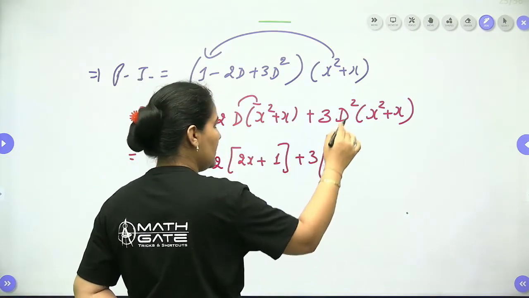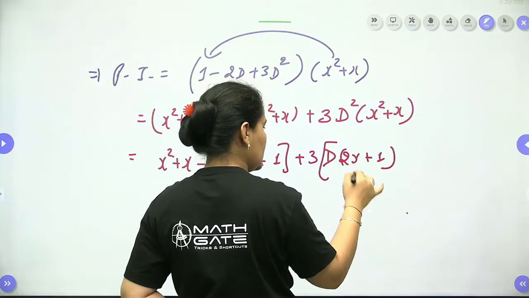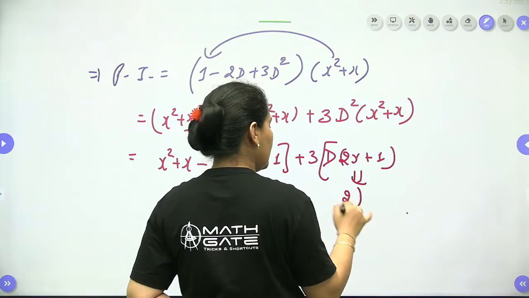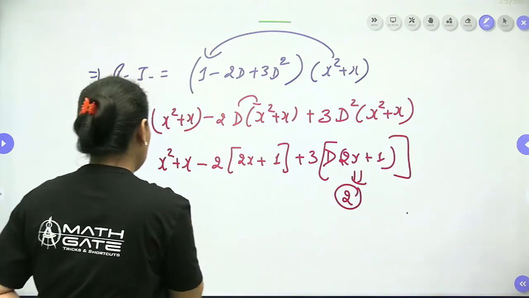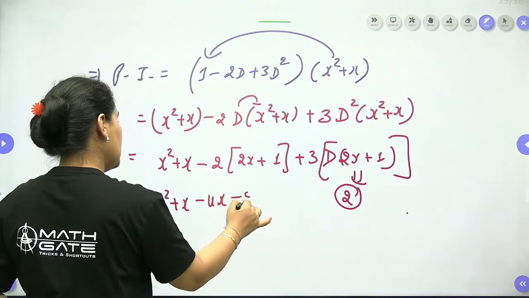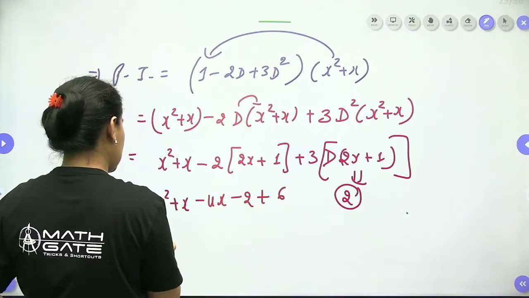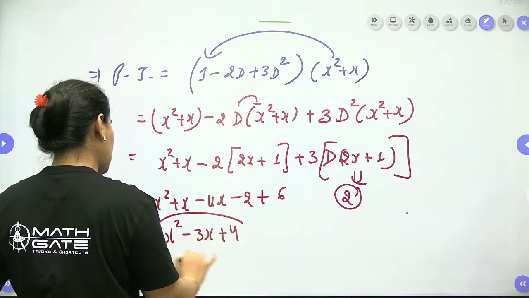Differentiating 2x plus 1 one more time gives 2 only. So we can write here x square plus x minus 4x minus 2 plus 6. Hence it is x square minus 3x plus 4, dear students.